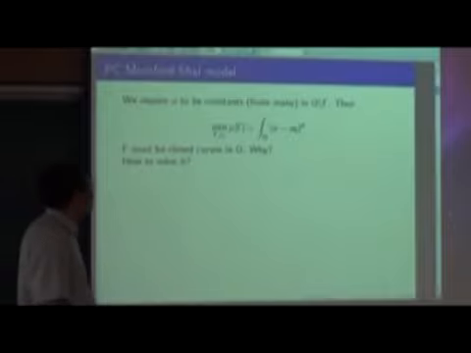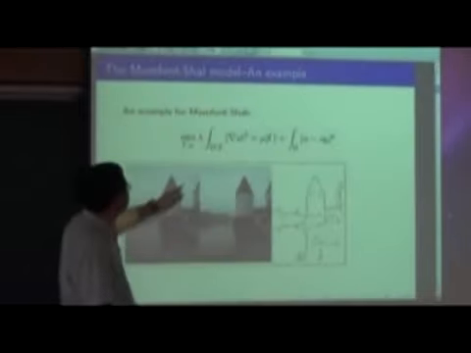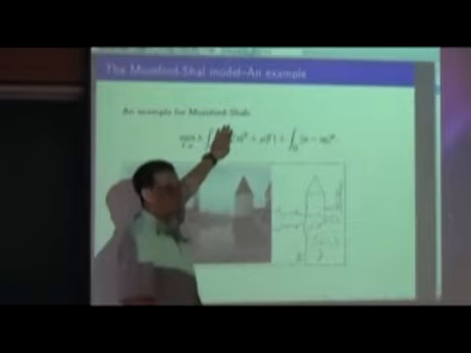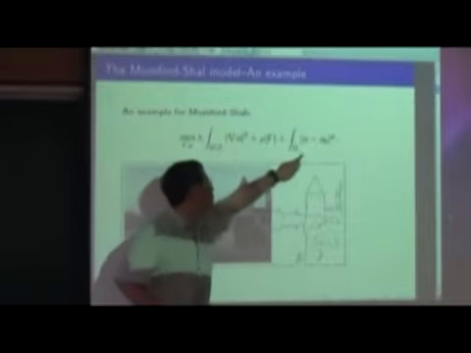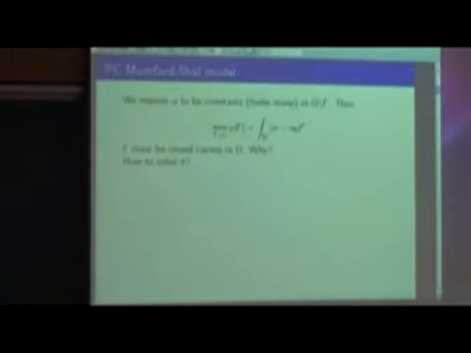In piecewise constant Mumford-Shah, away from the discontinuity, U must be constant, with no variation, and then this term disappears. You only minimize those two terms. So this is the so-called piecewise constant Mumford-Shah.